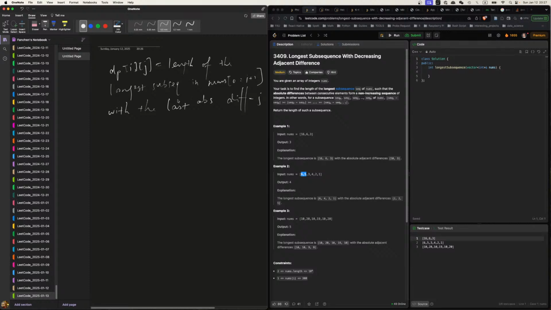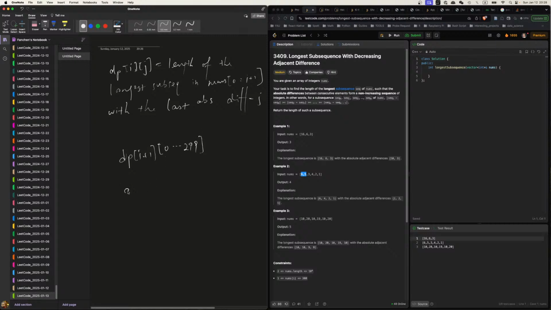So with that, we need to compute dp[i+1], starting from 0 all the way to 299. We need to go through all of them.